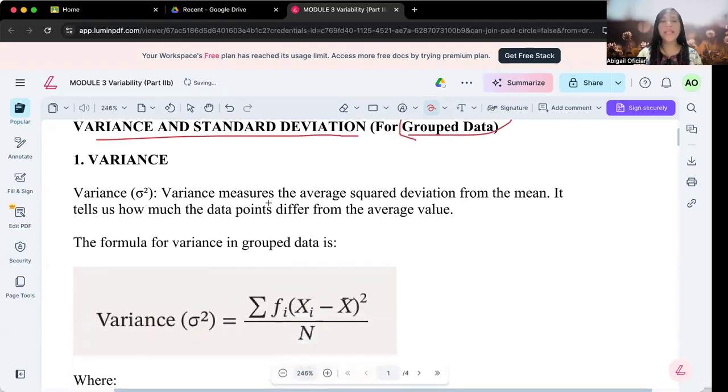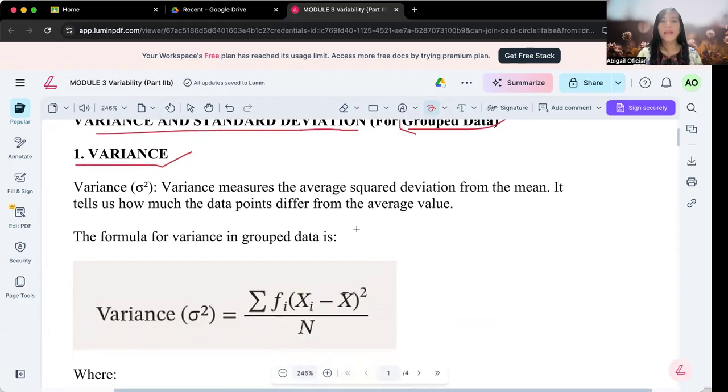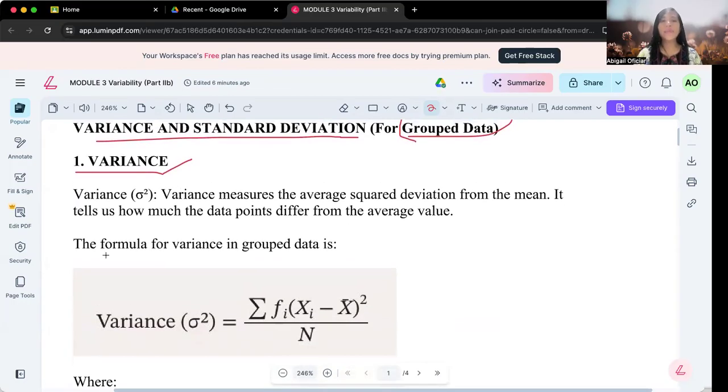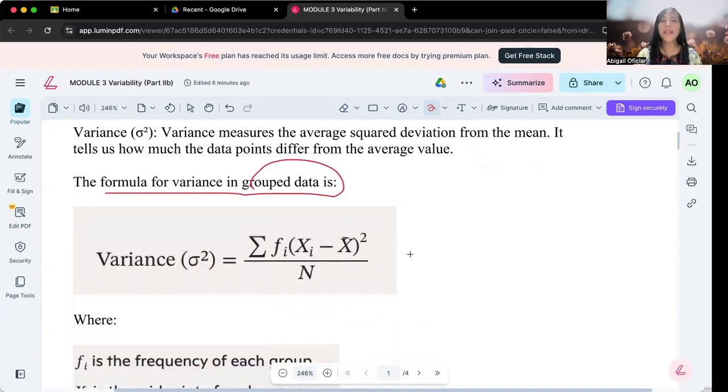In the previous lesson, I already discussed what we mean by variance. But this time, I'll discuss the formula for variance for group data. So what's the formula for variance to deal with group data?